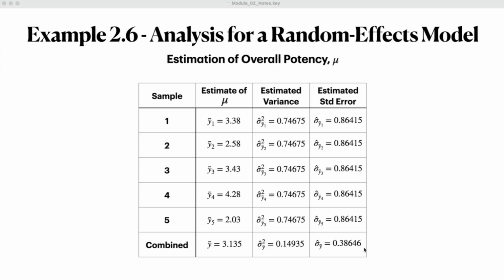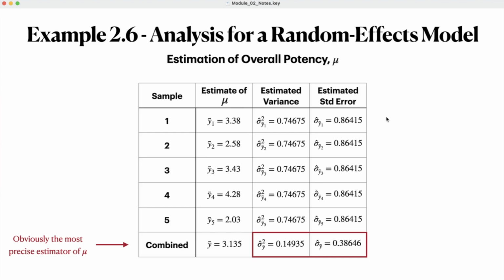The estimate of the standard error of y bar from the combined sample is quite a bit smaller, 0.38646. And so you see here that obviously the estimate provided by the combined sample is a much more precise estimator of mu than the others, because the variability associated with that point estimator is smaller than the rest.